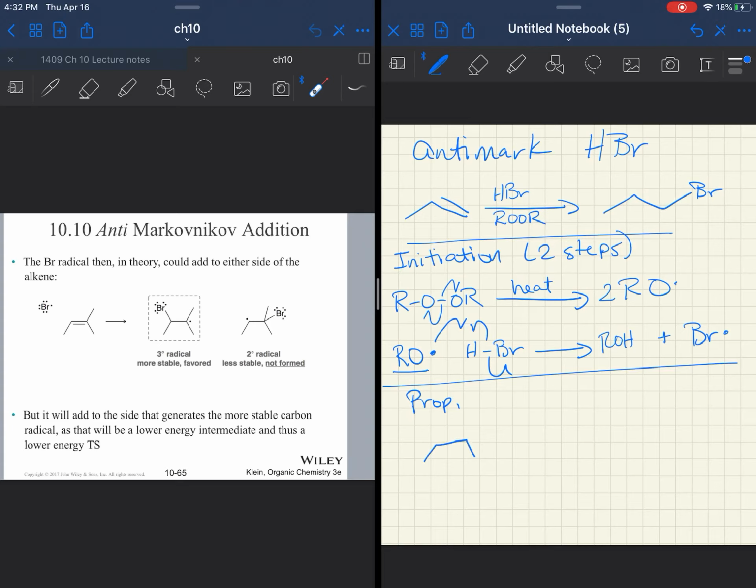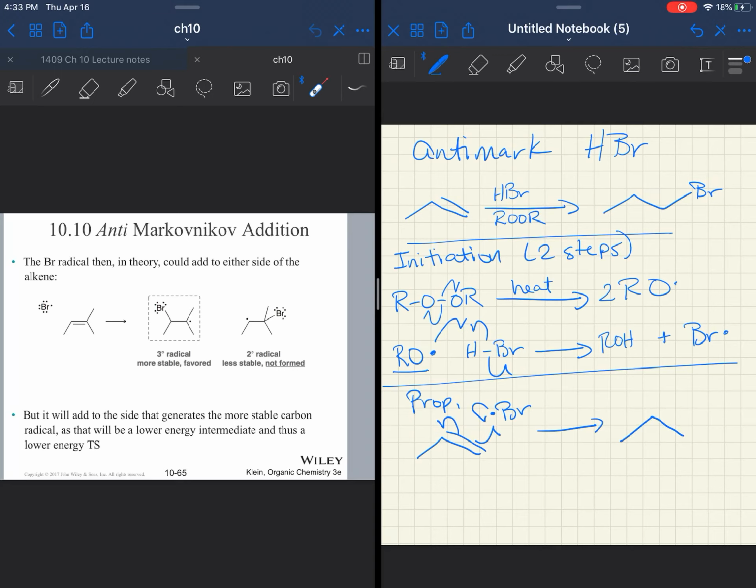When you have a double bond, and let's go ahead and just use the one I'm used to doing here, and you have a bromine radical, you are going to add the bromine first, whereas when you just add HBr, the H adds first. So this is why we wind up getting the placement of the bromine that we do, is because it goes on first.